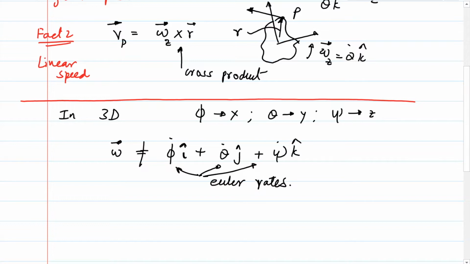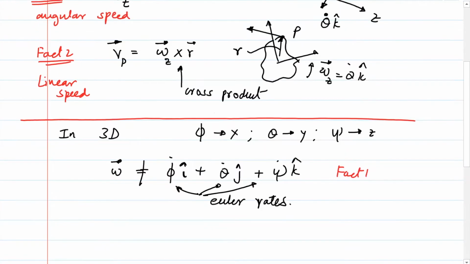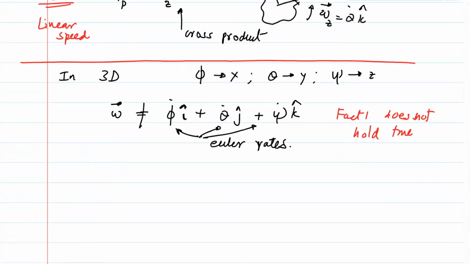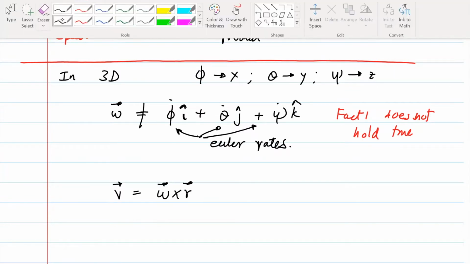So fact 1 does not hold true in 3D. Fact 1 was that the rate of change of Euler parameters is the angular speed, and it does not hold true. So the rate of change of Euler parameters is not the angular speed of the object. That is kind of the critical thing, so remember that. The other thing which we wrote down, V equals omega cross R, is actually true whether you are in 2D or 3D.